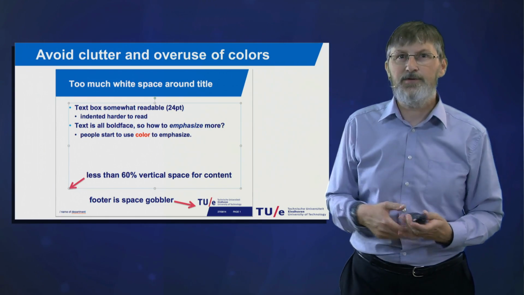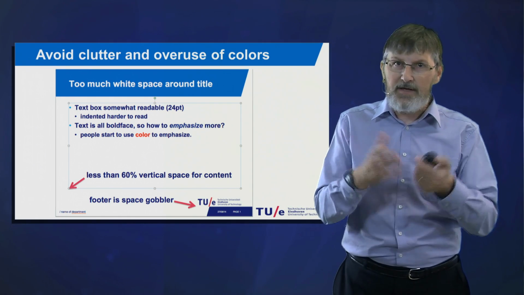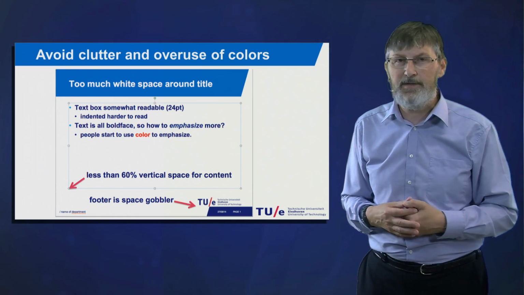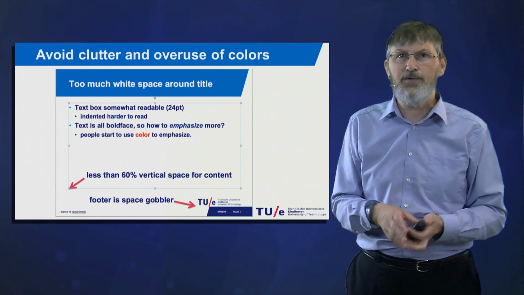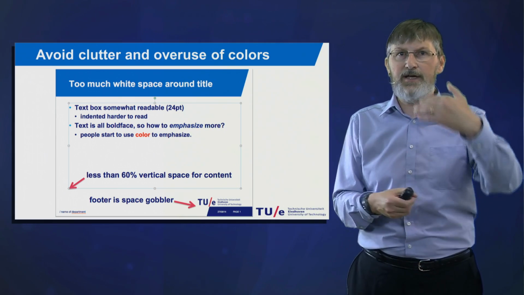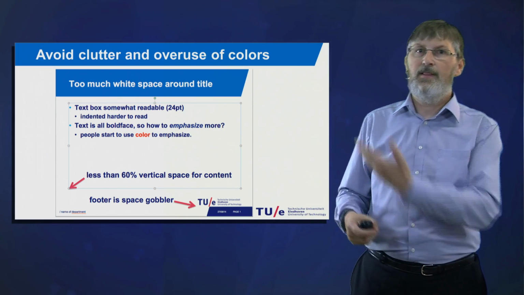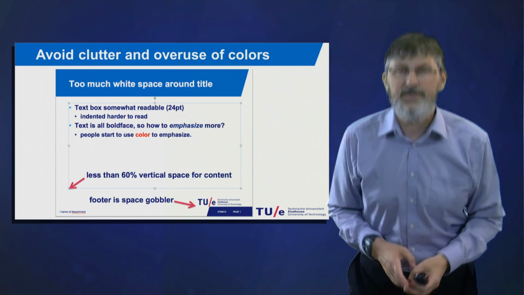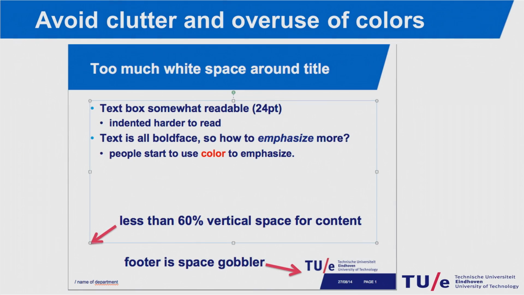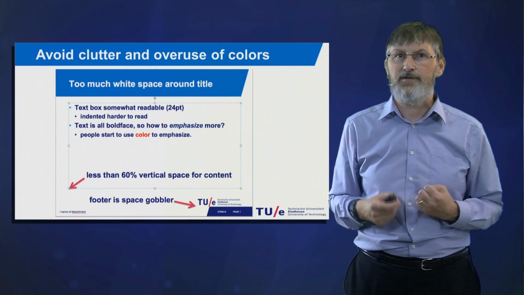Another way in which you can do it wrong with aesthetic and minimalist design is overuse of colors and introduction of clutter. What we see on this slide is the standard presentation template of the TOE. It has way too much white space around the title.